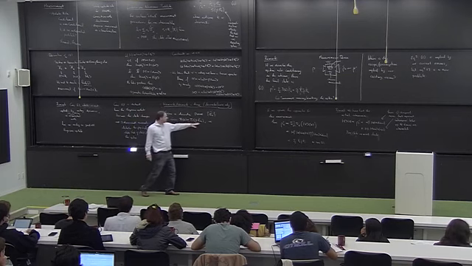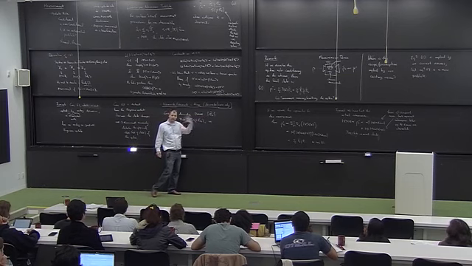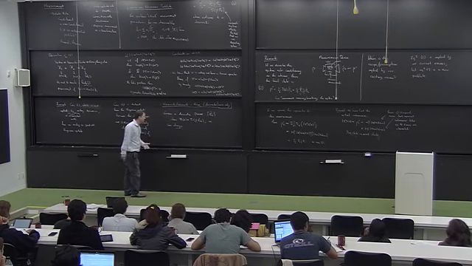So if I have any POVM E_K, which is a mathematical object, can I realize it physically? Well, yes, you can realize it physically.